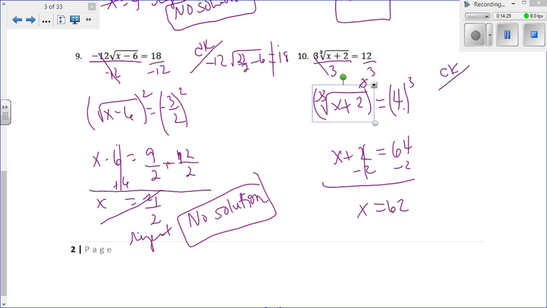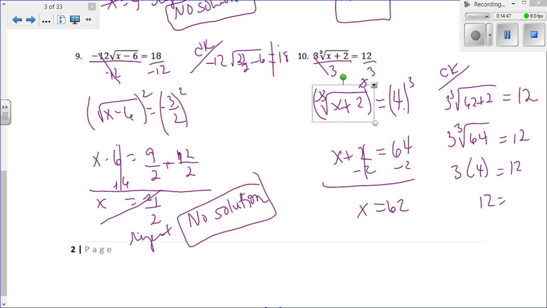So let's check. 3 times the cube root of 62 plus 2 equals 12. So it's 3 times the cube root of 64 equals 12. Well, the cube root of 64 is 4, and 3 times 4 is 12. So that works. So we're good.